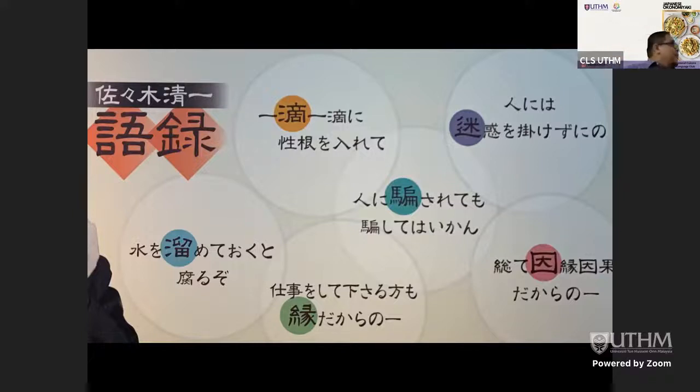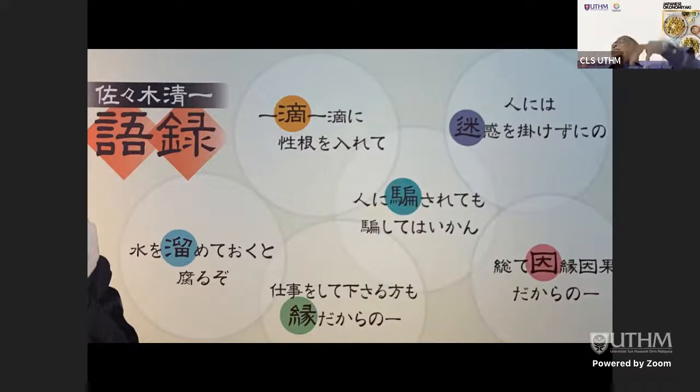And then on the green here, please appreciate the people that you work with. Build a relationship. In Japan, they call it en, which is a bit of a philosophical thing, maybe God bringing us together.